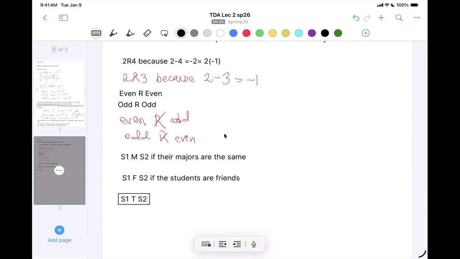So S1 is related to S2 if the first student ever tutored the second student, for a class. Okay, so we have three types of relations. One is two students are related if they have the same major. Two students are related if they are friends, or two students are related if one student tutored the other.